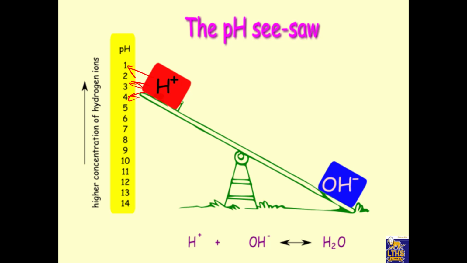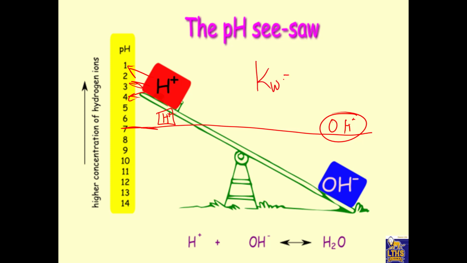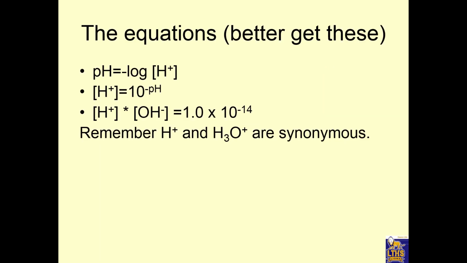As that evens out, you get your seesaw, H plus and OH minus are equal, then you're right about here. And vice versa. As one goes up, the other goes down to keep the Kw at 1 times 10 to the negative 14th in water. So here's three formulas that if you memorize these and use them correctly, you'll be able to get some pH. Woohoo!